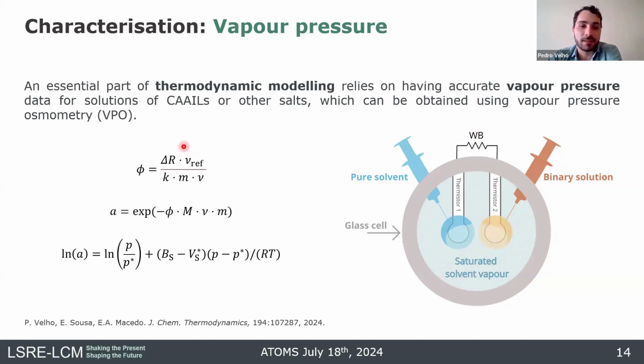Then we can use this difference of resistance, the delta R, to calculate the osmotic coefficients, which allow us to relate the osmotic pressure of the solution with the osmotic pressure in the ideal case. With the osmotic coefficients, we can calculate activities, and with activities, we can calculate pressure. So we can determine the vapor pressure of the solution here.